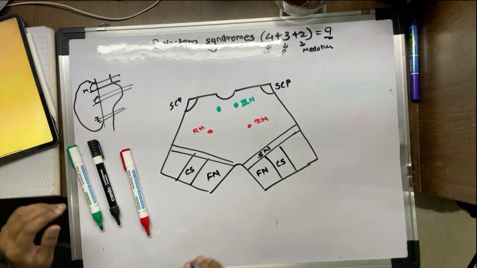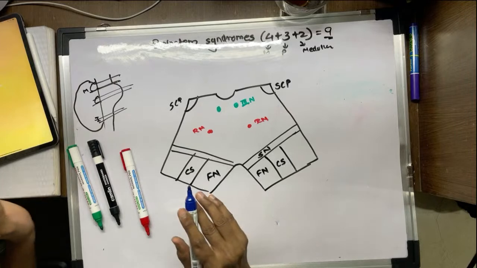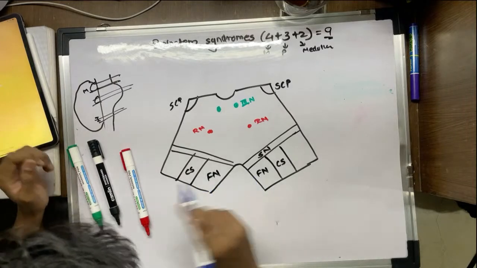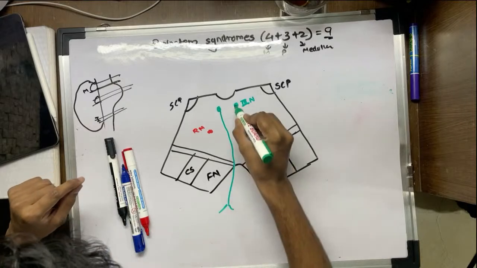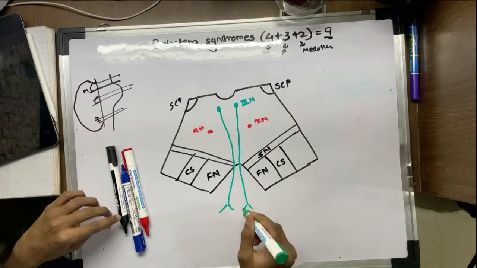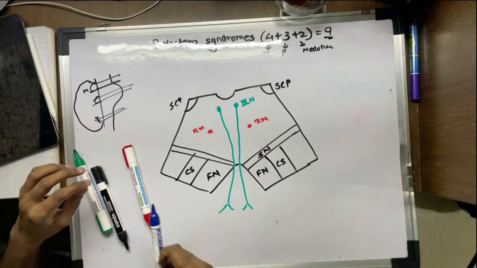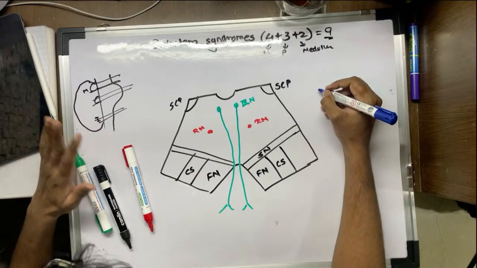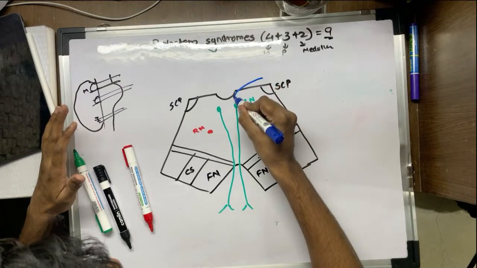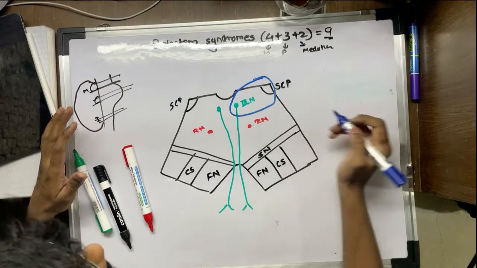Okay, so I'm gonna draw the syndromes with blue, so it gets easy for you. Oh, I forgot to draw the nerve. That's wrong. Okay, so this is the third nerve. Okay, so let's do the syndromes. First is Nothnagel syndrome. Nothnagel syndrome involves only this part of the cerebellum.